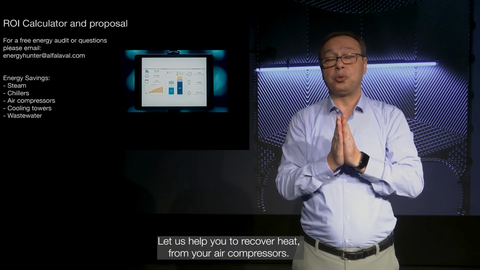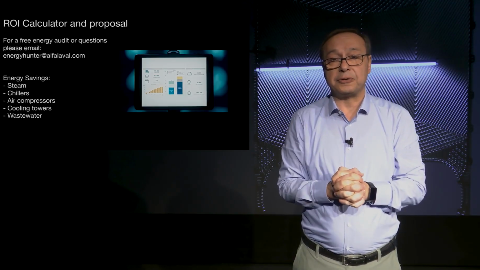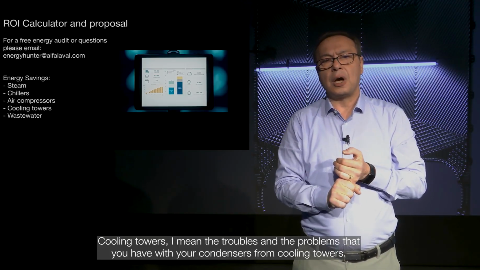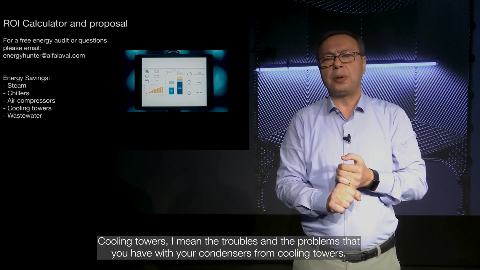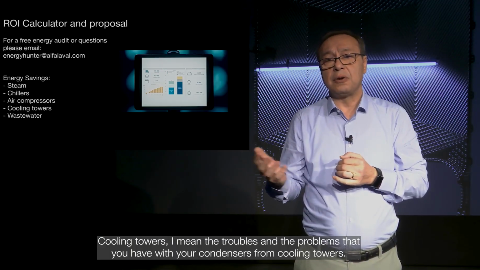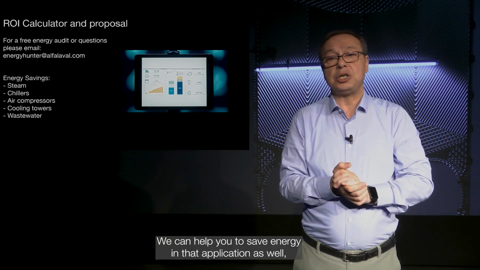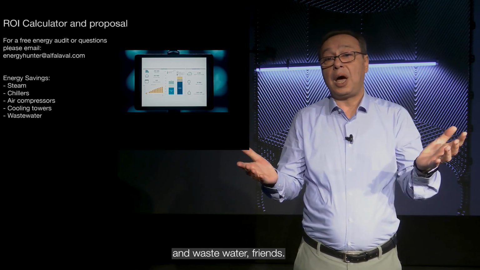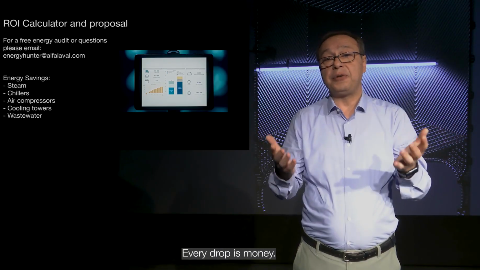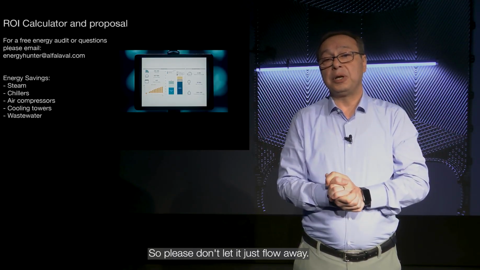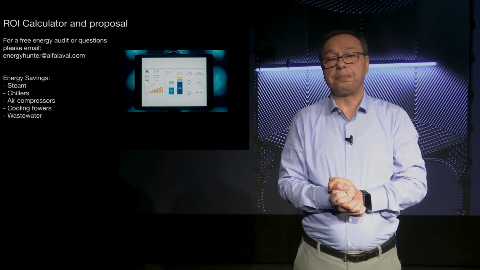Let us help you to recover heat from your air compressors. Cooling towers, the troubles and problems that you have with your condensers from cooling towers, we can help you to save energy in that application as well. And wastewater, friends, every drop is money, so please don't let it just flow away.